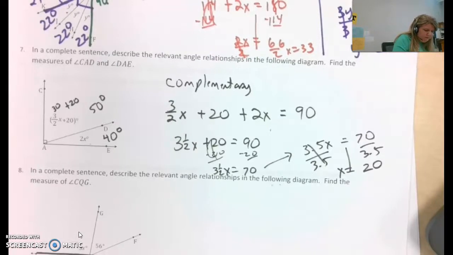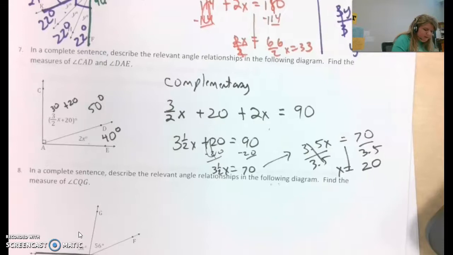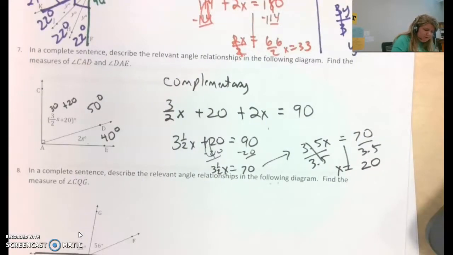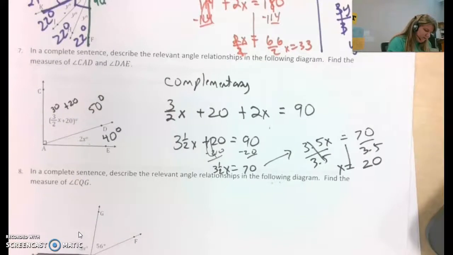So 155 plus something, let's call that p instead of a, because we already have an x. So then subtract 155 from each side, and this p here is going to be 25. So that's 25 degrees.